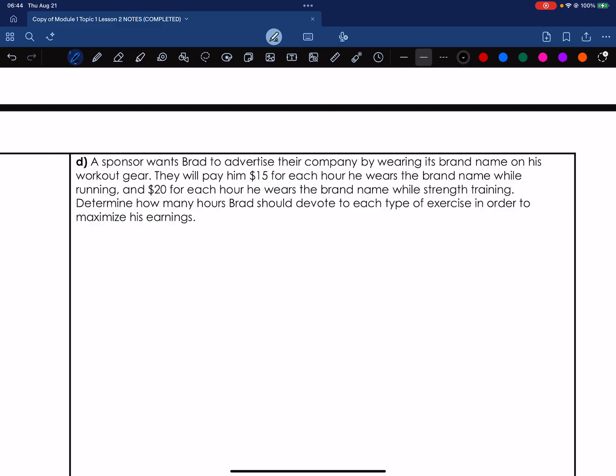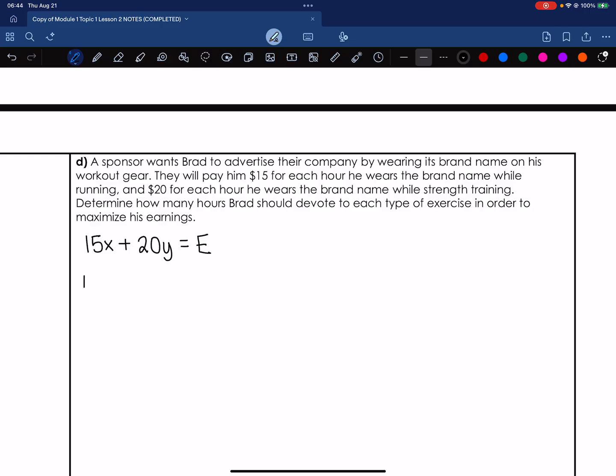So now we have a new equation. He's getting paid $15 per hour he runs, plus $20 per each hour he strength trains, and that's going to be his earnings. So we have a new variable. E is his total earnings. So we're going to do the same concept where we're going to plug in those vertices to see which one maximizes his earnings.